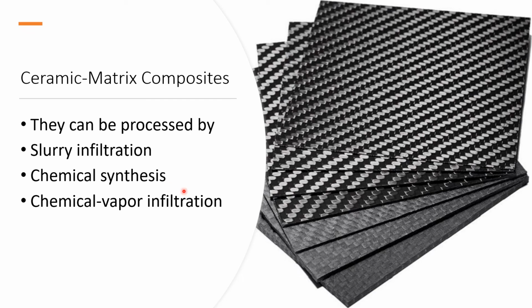Ceramic matrix composites can be processed by using slurry infiltration, chemical synthesis, and chemical vapor infiltration. So make sure you hit each one of them in your reading and also in your handouts.